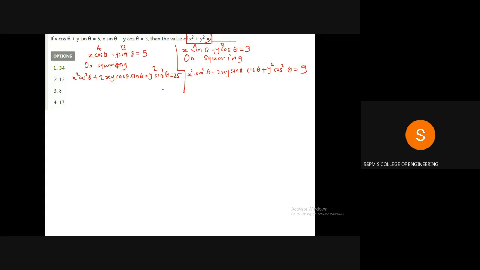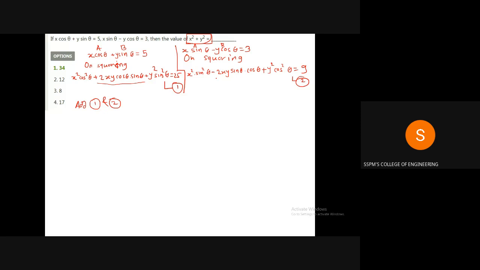So we have two equations now. Suppose this is 1 and this is 2. Now we will add 1 and 2. If you look closely, this term is 2xy cos theta sin theta, and this term is minus 2xy sin theta cos theta. The magnitudes are the same, but one is positive and the other is negative, so if we add, they will get cancelled.